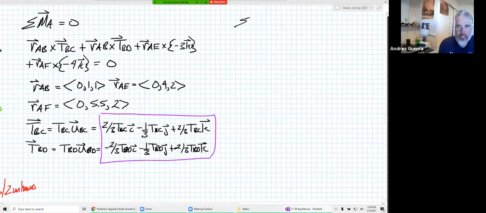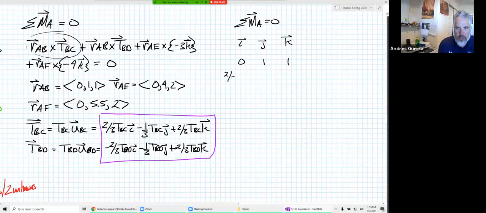And so again, we're doing the sum of the moments about the vector A equal to 0, is really what we're trying to do. So like our first one, we've got an I, a J, and a K across our top row. And then RAB we know is a 0, 1, 1. So I'm doing the first cross product, RAB cross with TBC. And then TBC, well, that's our 2/3 TBC, a minus 1/3 TBC, and a 2/3 TBC.